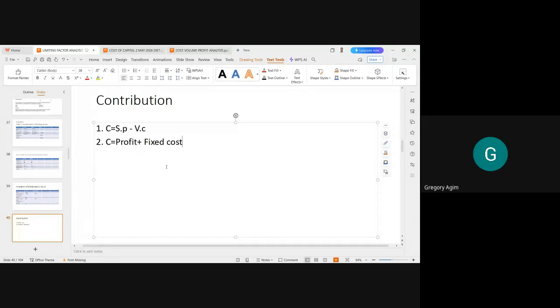Very good. So now the question will be, what will be your total contribution based on the units, based on mesh and source? So let me just write for source. Contribution per unit. Let me present this in the table.